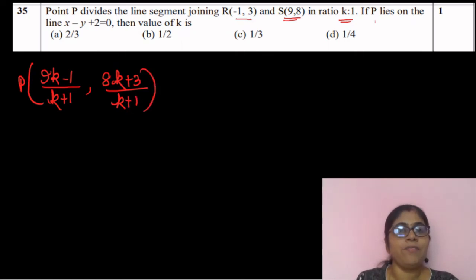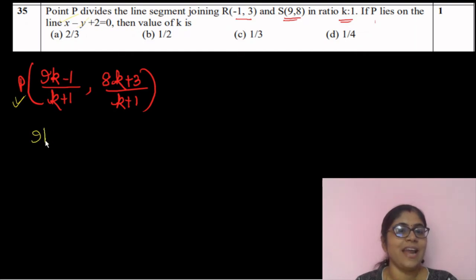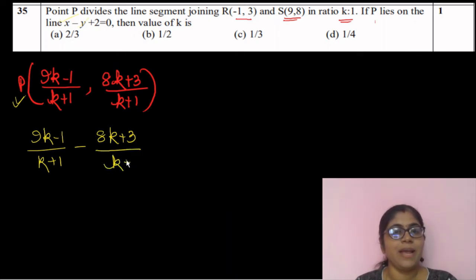Now we'll put this value in this equation because the point P will also satisfy this line. So in place of X, let's write 9K plus 1 divided by K plus 1, and instead of Y, minus 8K plus 3 divided by K plus 1, plus 2 equals 0.